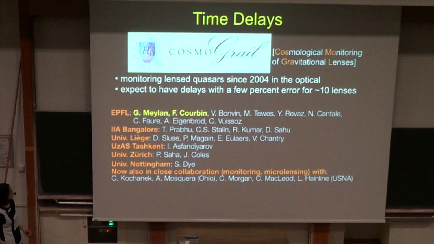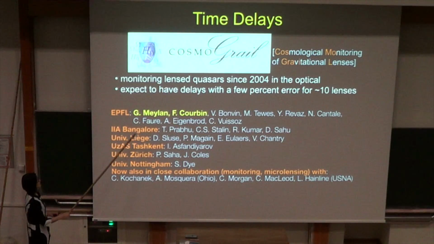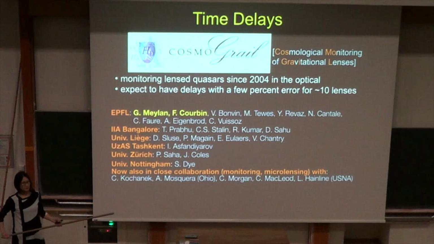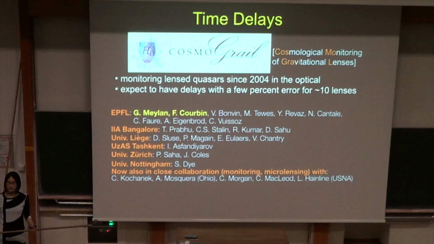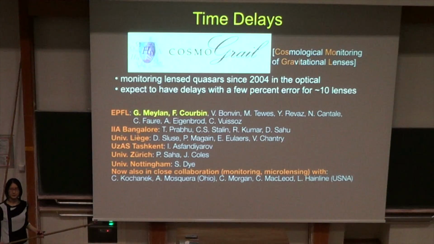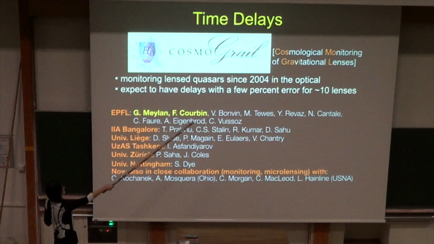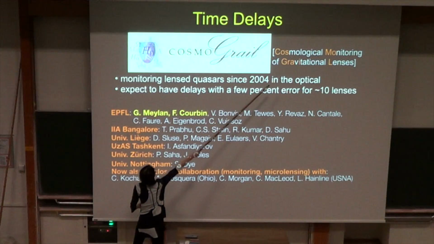The COSMOGRAIL collaboration, which is led by Georges Meylan and Frédéric Courbin at EPFL, together with collaborators here, has been carrying out a heroic monitoring effort to get the time delays of these lensed quasars. COSMOGRAIL stands for COSmological MOnitoring of GRAvItational Lenses.